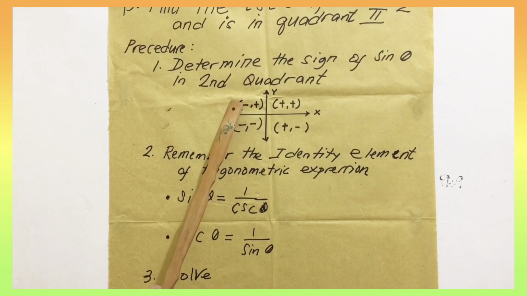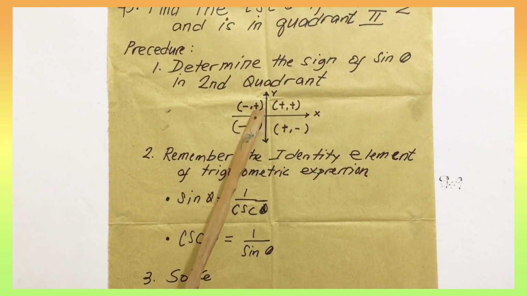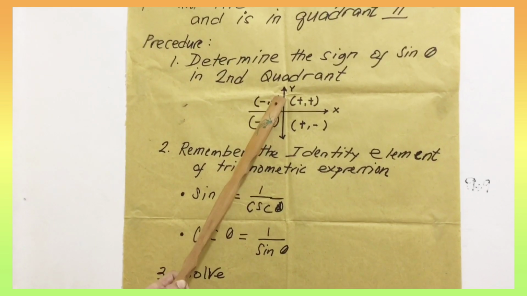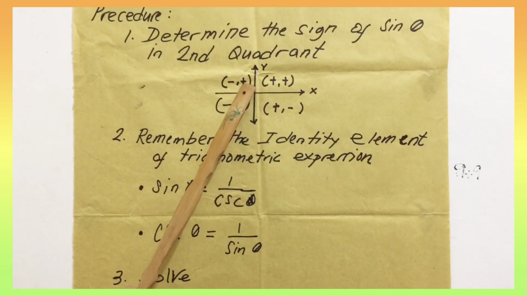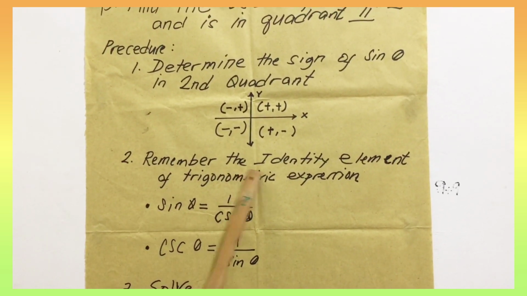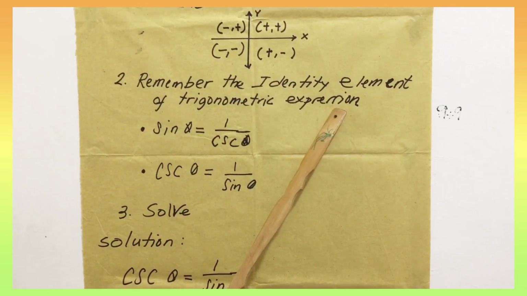The cosecant has the same sign as sine. The sine is our y coordinate, so it should be positive, which is the sign of the cosecant. Upon knowing that, remember the identity of trigonometric expression.